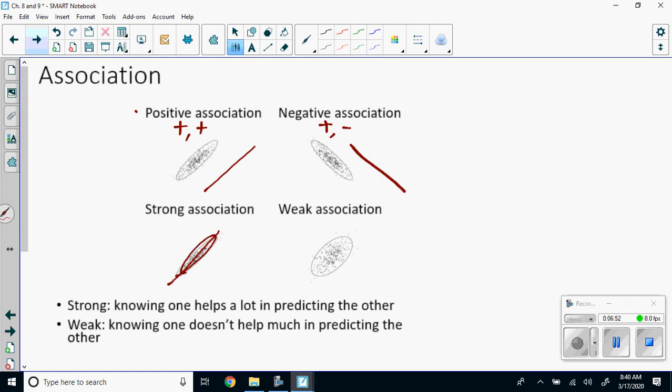Versus this one, a weak association, the dots are more spread out, so our football is going to be a bit fatter. So we've got a flat football versus a fat or normal sized football.